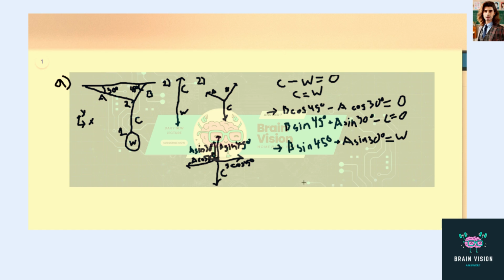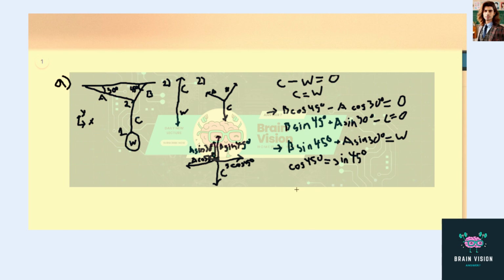So we can use our knowledge of trig to say that cosine of 45 degrees is equal to sine of 45 degrees. So if we just subtract these two equations from each other, the first terms in each one will cancel each other out.